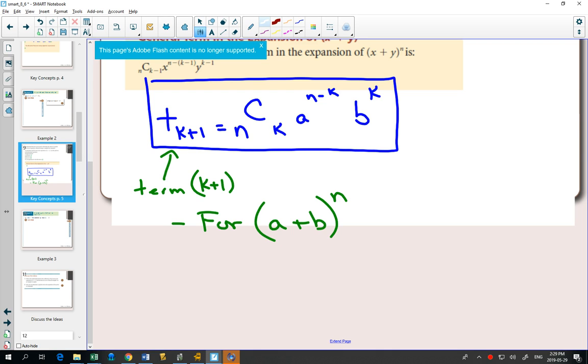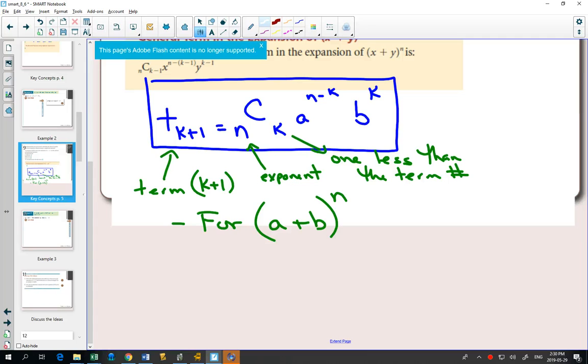Now, this is for a specific term in the expansion of a plus b to the n. So that means that this n is the exponent, and k is always one less than the term number. A is obviously the first term in your binomial, and b is the second term in your binomial.